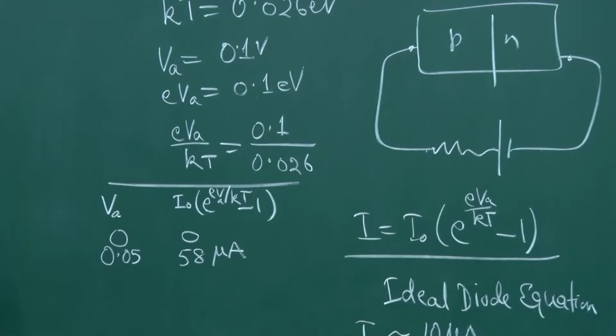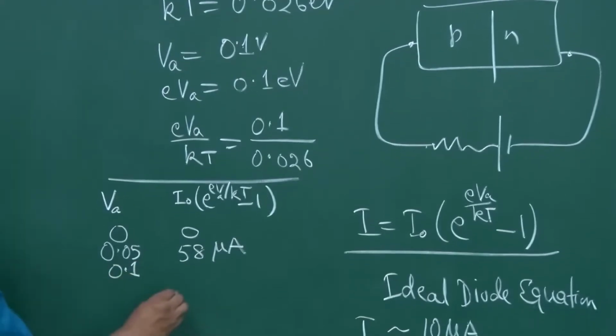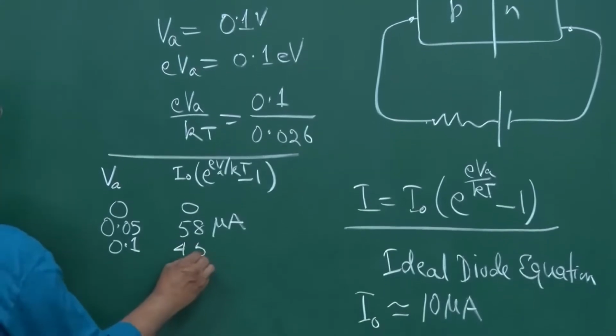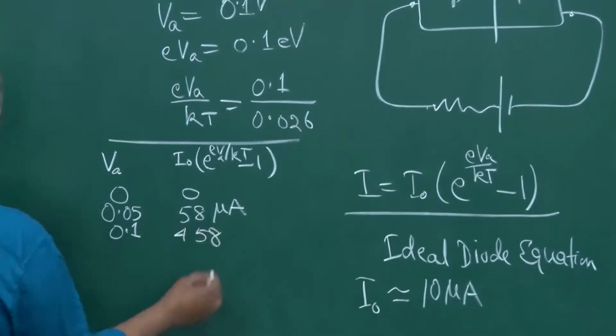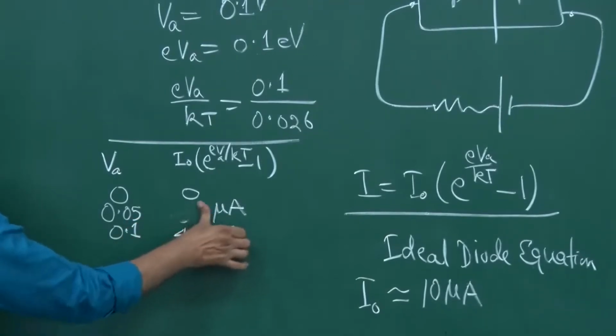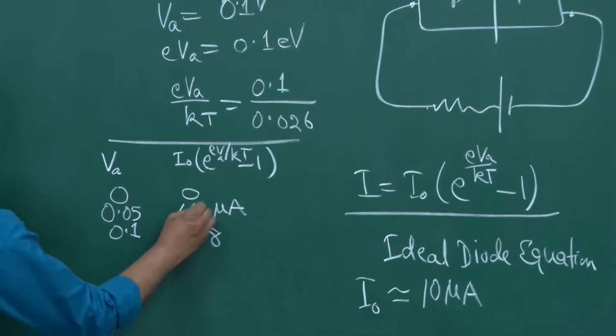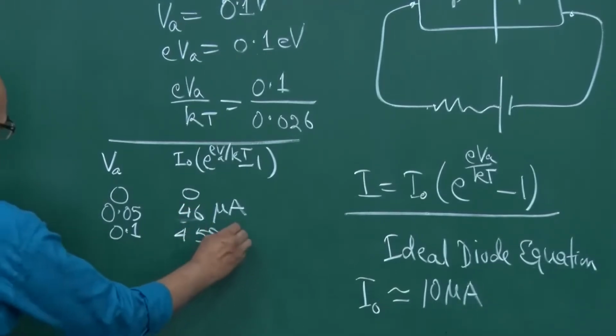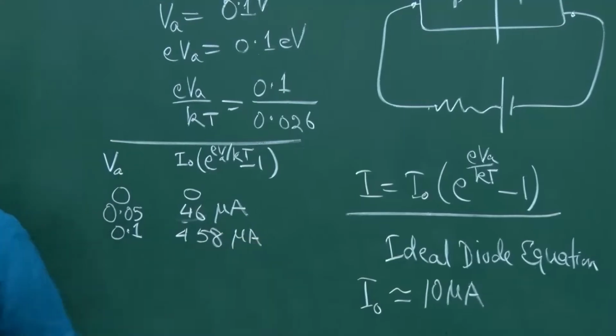If you take 0.1, then it becomes 458 microampere.